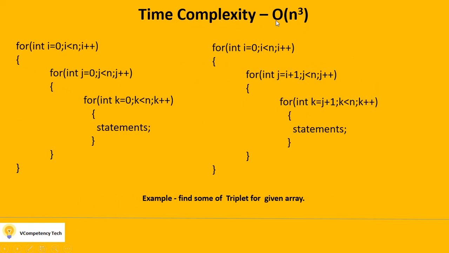Time complexity O n to the power 3. If you are writing any program to do some triplet related problems, any calculation or searching or anything, then you need to write nested 3 for loops which will run 1 to n times or similar.